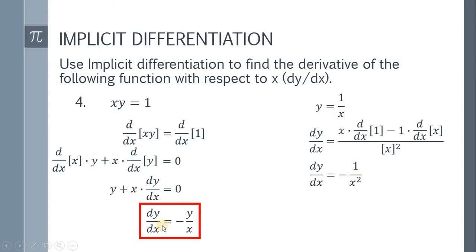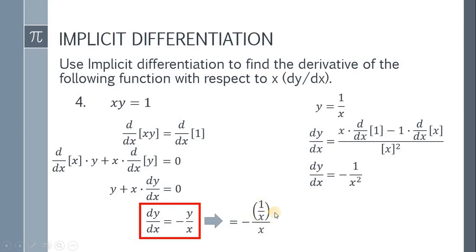Now, kung mapapansin, hindi sila magkamukha. Siyempre naman, kasi itong ating unang nakuha ay in terms of y. Now, kung papalitan natin yung y ng 1 over x, tingnan natin kung ano yung mangyayari. So, we have 1 over x, ito yung value ng y, all over x. So, andun pa rin yung negative sign. Simplify natin. So, paano mag-simplify ng complex fraction?